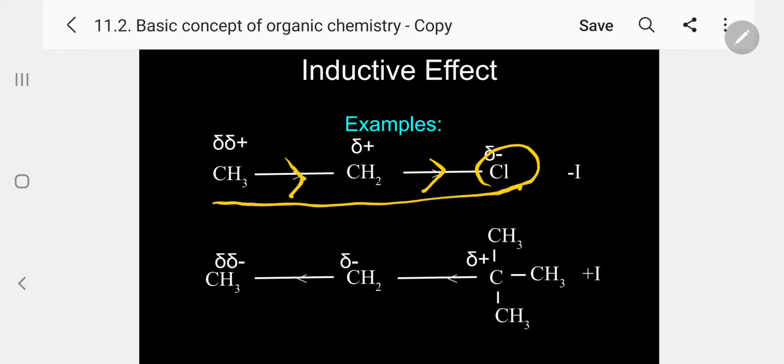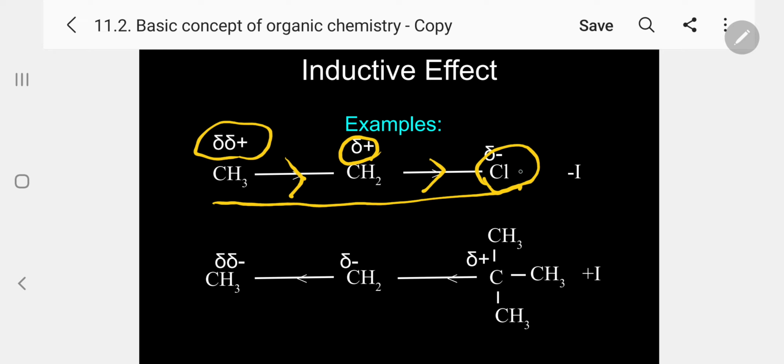Because of highly electronegative chlorine attracting the bond electron towards chlorine, CH2 has partial positive charge, given as delta plus, and chlorine delta minus. Because of the positive charge developed in CH2, it again attracts the bond electron from CH3, where again a positive charge is there, but it is lesser. So the carbon atom very close to chlorine will have high inductive effect. When the length of the chain increases, the effect decreases.